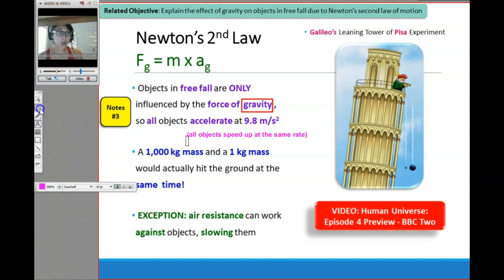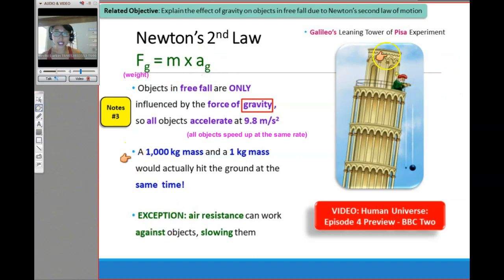So in theory, a 1,000 kilogram mass and a 1 kilogram mass should hit the ground at the same time. Even though the 1,000 kilogram mass weighs more, because force due to gravity, also called weight, is affected when there's more mass, the acceleration, or how fast it moves to hit the ground, should not be affected, okay?